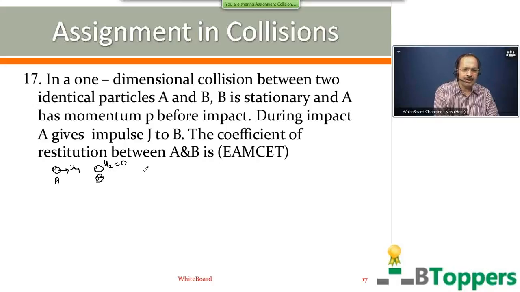That means impulse J given to B by A will be directed to the right side in the figure. So the initial momentum of A before collision, you can write as m u1, which is given as P. Let v1 be the velocity of A just after collision and v2 be the velocity of B just after collision.